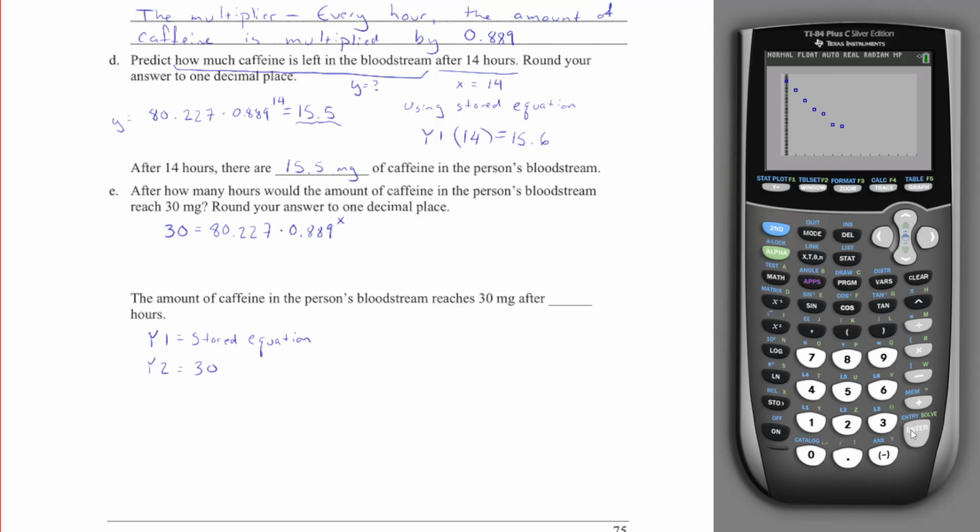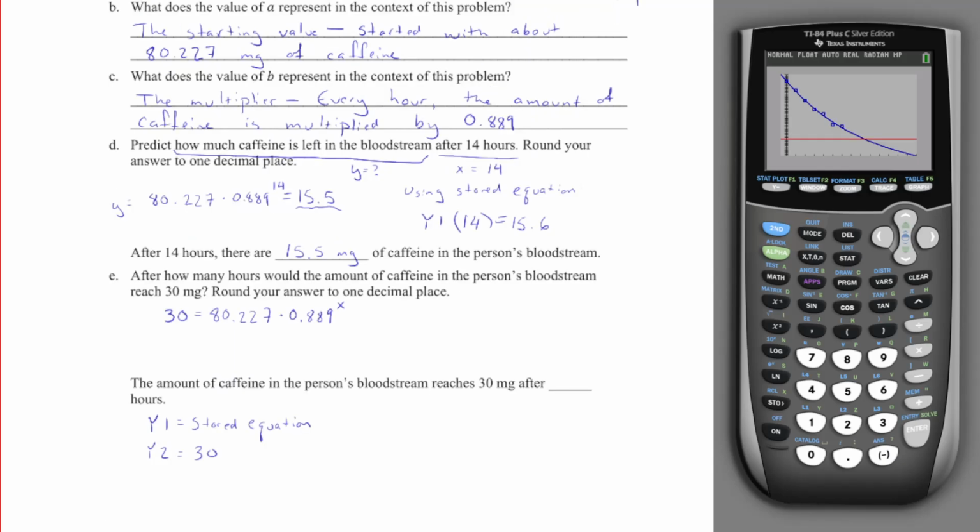All right, notice my scatter plot got squished over to the side now. And now we see that our exponential curve and our horizontal line cross.